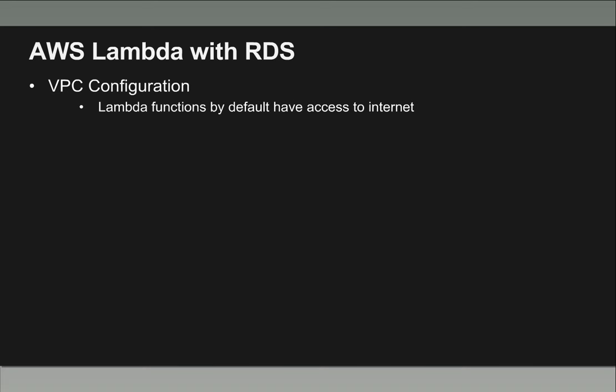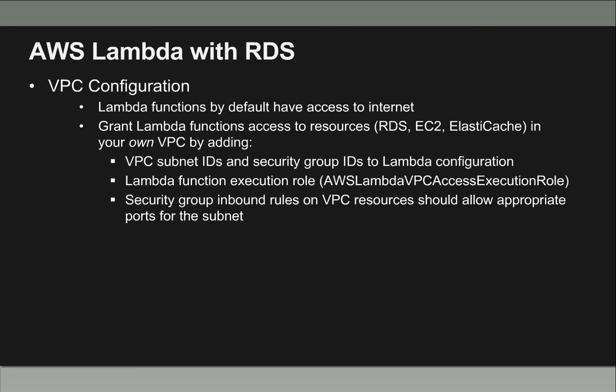For example, when a Lambda function is invoked, it has default access to the internet. That means the Lambda function can talk to any resources outside of your VPC, and can also talk to any of your applications residing on your on-premise infrastructure.